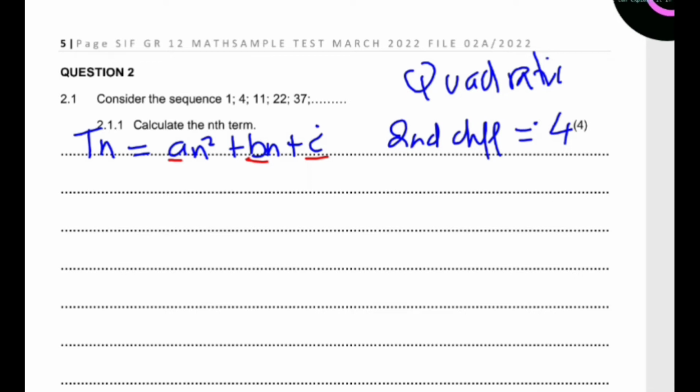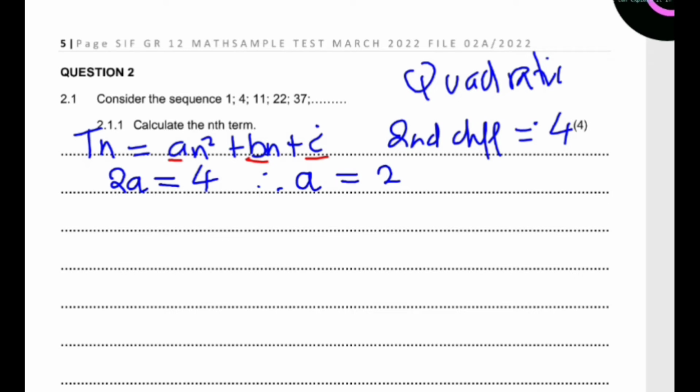You always say the second difference divided by 2. Or you can just say 2a is equal to 4. So this means a is equal to 2.